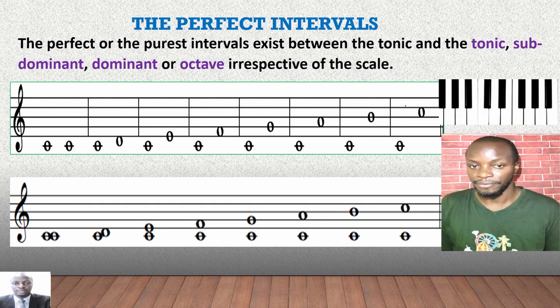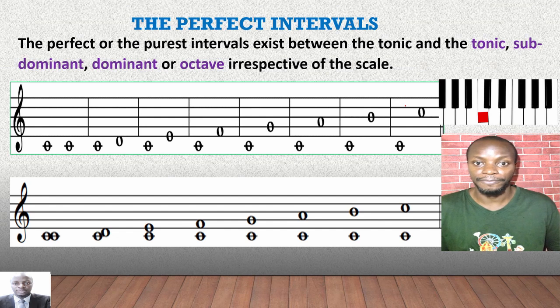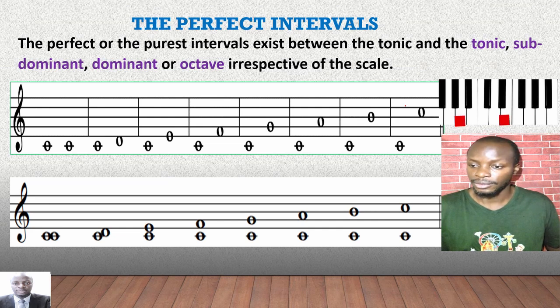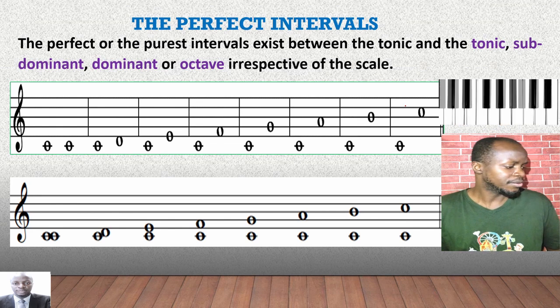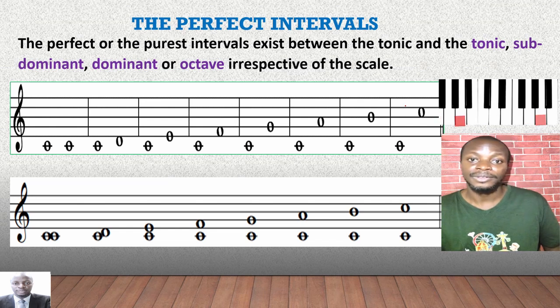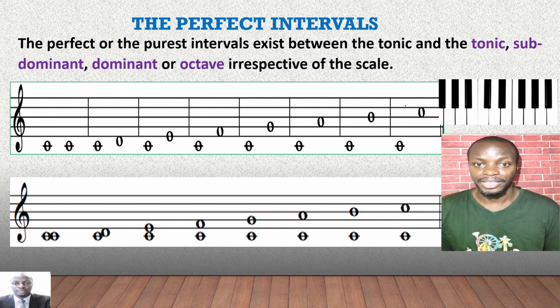They are all perfect intervals, or between the tonic and the dominant, either in major or minor scale. That is tonic and the fifth notes, Do, So, right? Alright, or between the tonic and the octave. Alright, so these are perfect intervals.